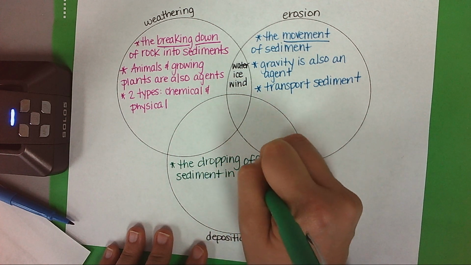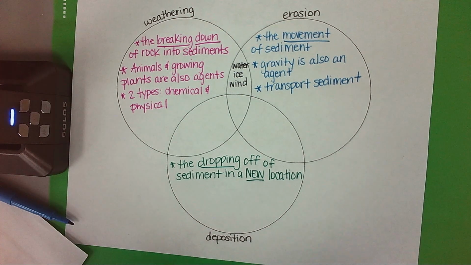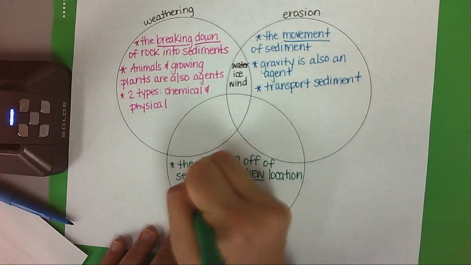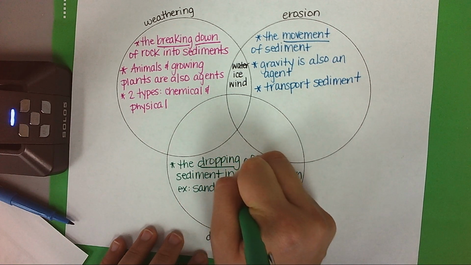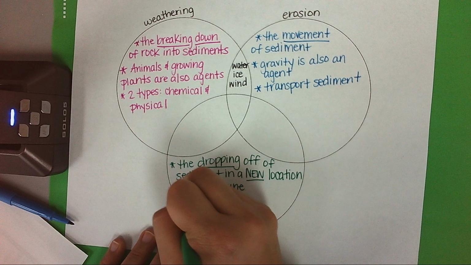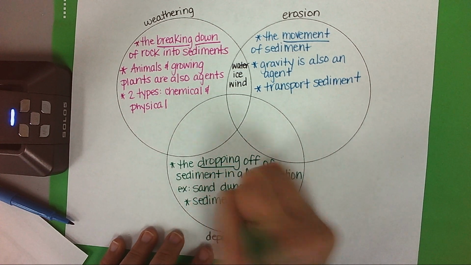That is super important to remember. There are 2 parts: the dropping off of sediment in a new location. An example would be a sand dune that you see at the beach. This is where sediment usually builds up during deposition.